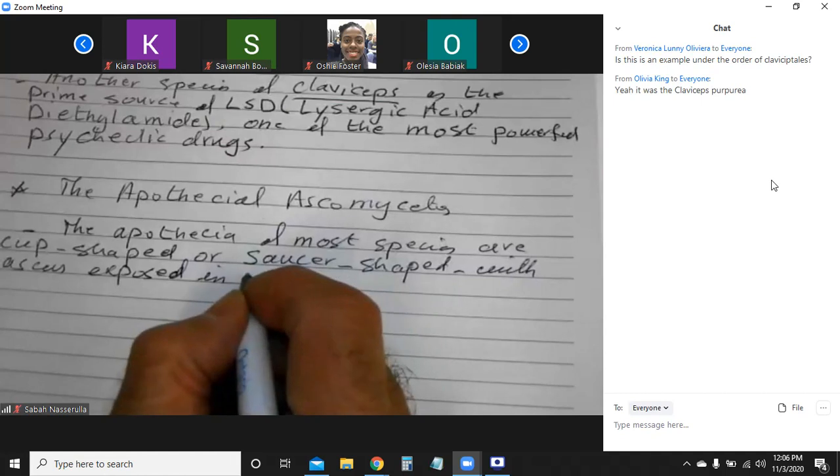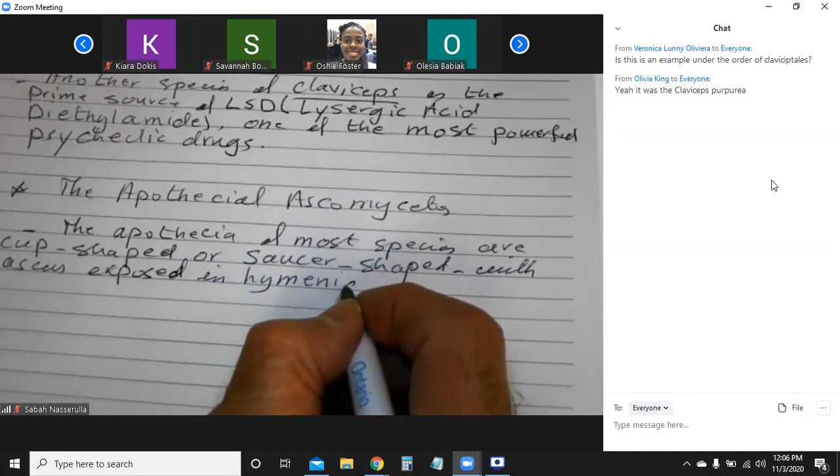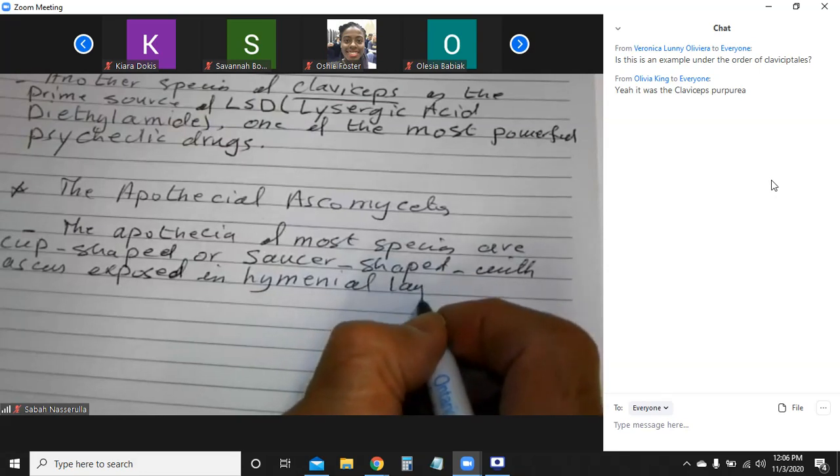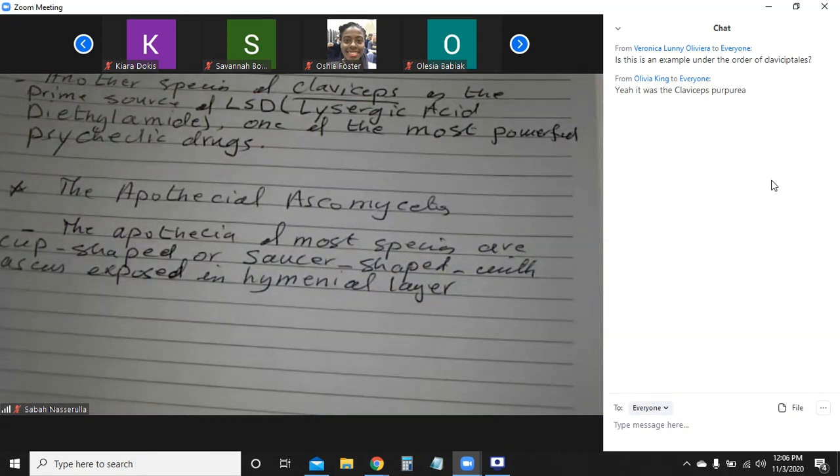In a hymenial layer, because all the asci are in one section. The majority of these species which form apothecia are saprophytic, very few are parasitic.